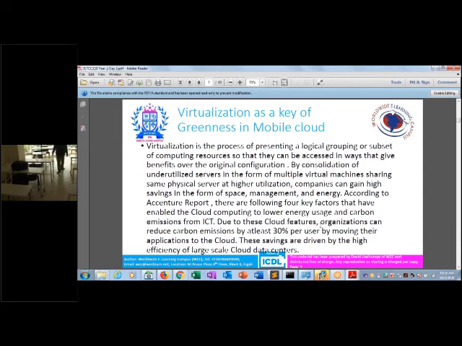So we consolidate and utilize servers in the form of multiple virtual machines sharing the same physical server at a higher utilization. As you create many servers, you are improving the performance of the existing server, because from a single physical server you can create 10 other virtual servers.